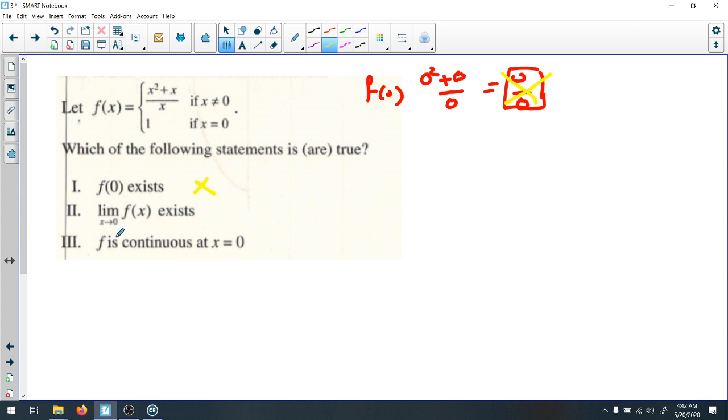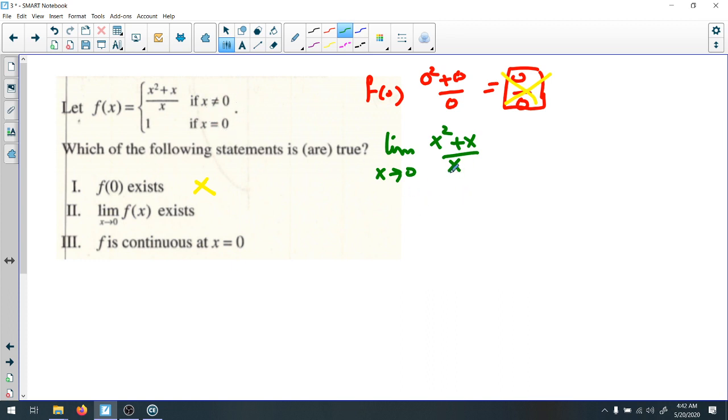The second statement: the limit of function f of x when x approaches 0 exists. We have to study the limit of both steps. So the limit of the first step, the limit of (x squared plus x) divided by x when x approaches 0. We work around x equals 0.